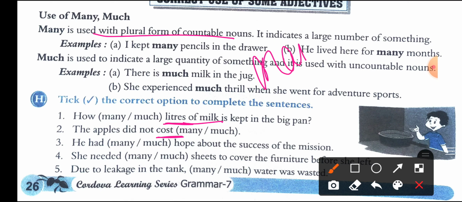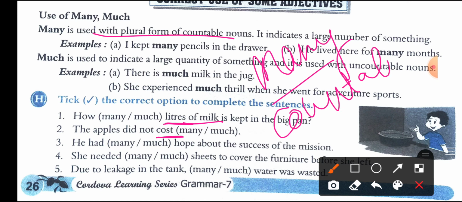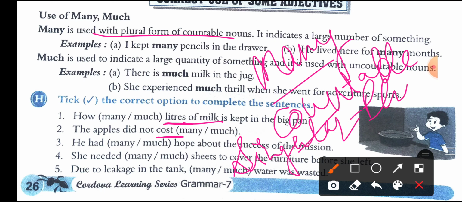Many you will add with countables, where we have singular and plural both forms, right? Like boy, boys; pen, pens; table, tables; chair, chairs. So that is countable. So in that case we have to use many.